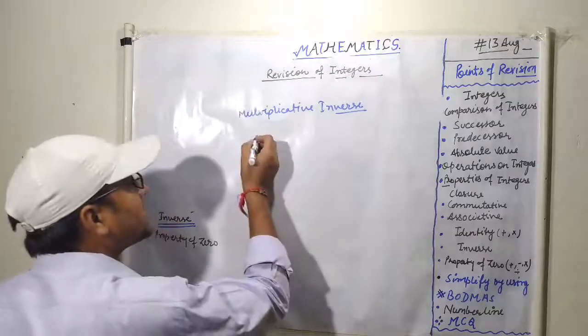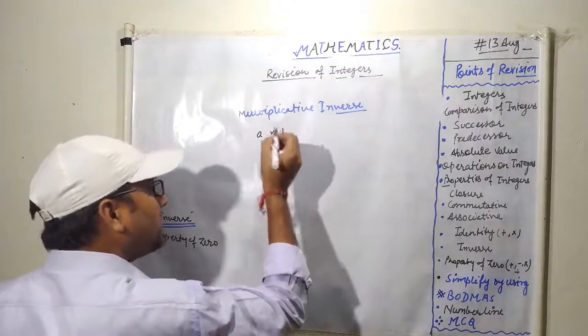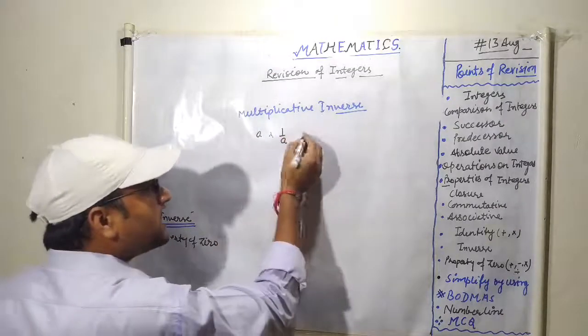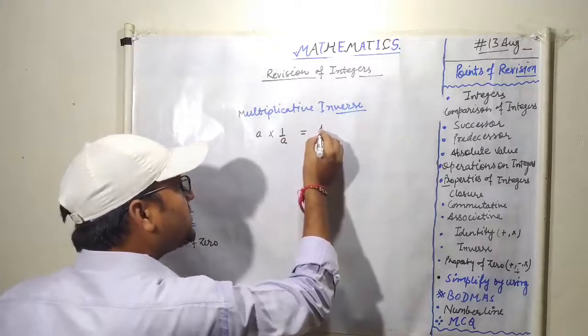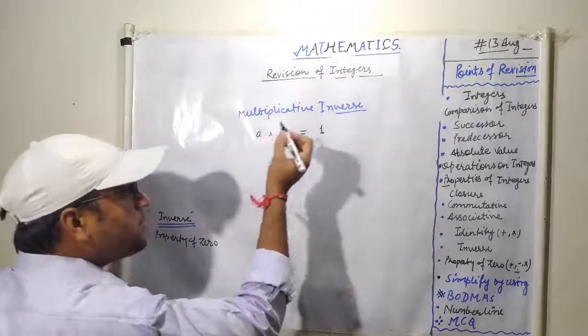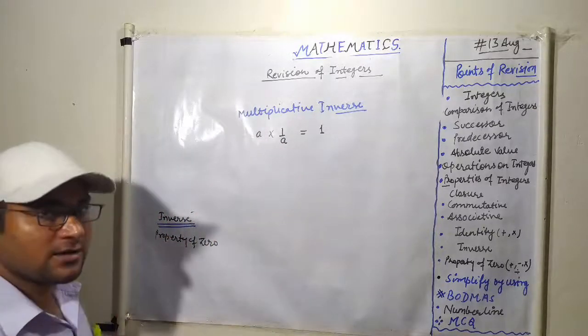Suppose I have taken a and multiply with 1 upon a. If a pair of numbers is multiplied and the result is 1, then one number is said to be a multiplicative inverse of the other number.